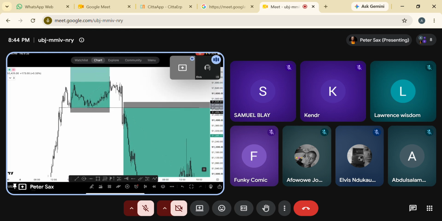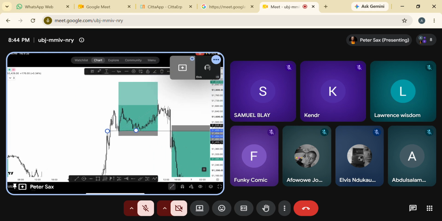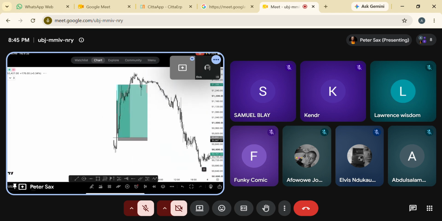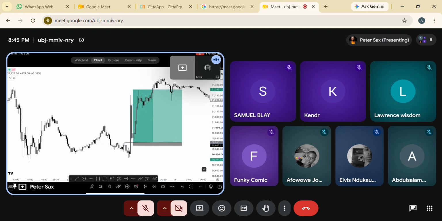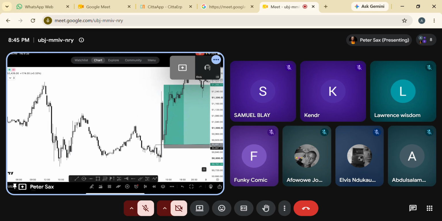That's a break and retest. The buy trade too was actually a break and retest. There's a buy trade here, a clean break and retest. I told you most of my trades on this pair are break and retest, because I've back tested the pair and I know that it works with break and retest. It's a clean one.